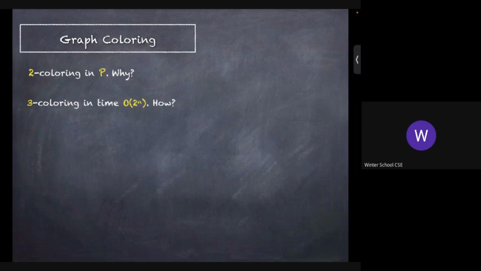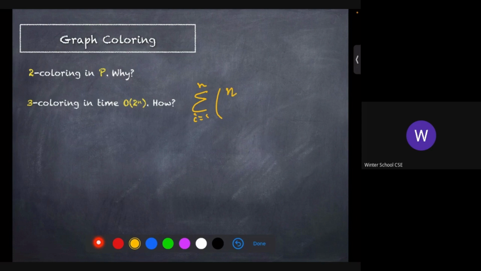You already had this course, no? Okay. Very good. So the solution, I will just repeat it. We try to guess all sets of size i. We try to guess one color. This is n choose i. And then the remaining part we solve in polynomial time, because the remaining part should be a bipartite graph.